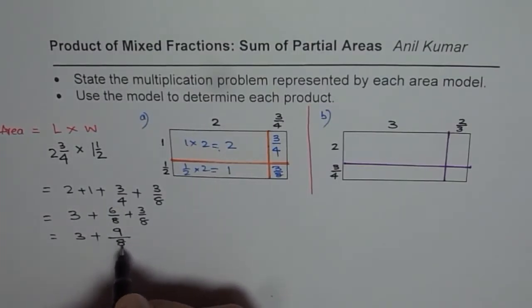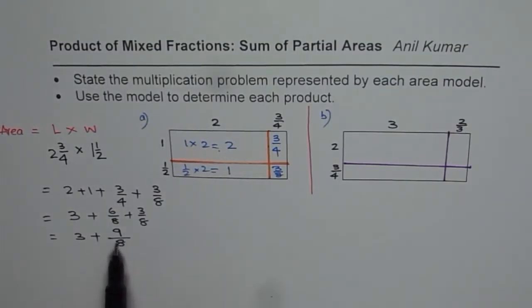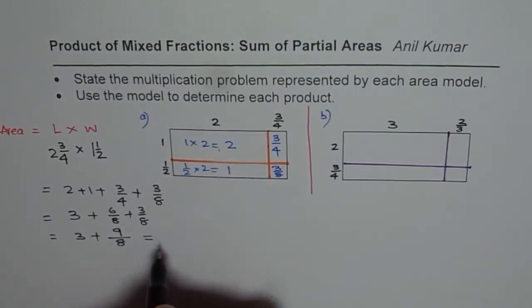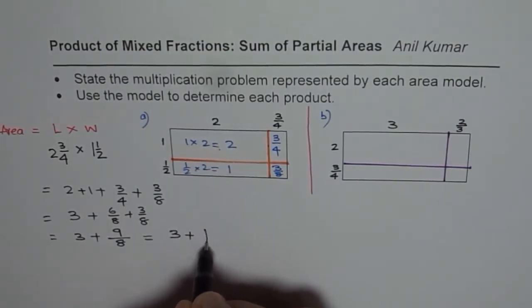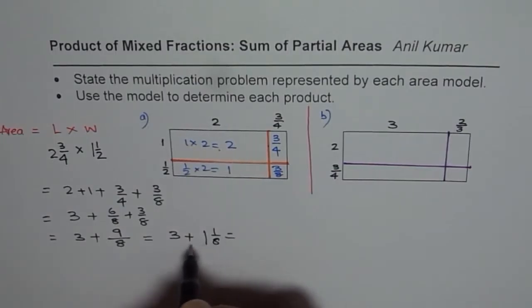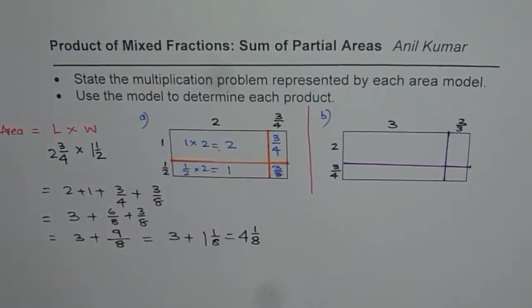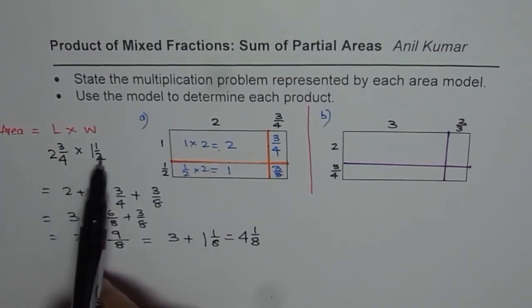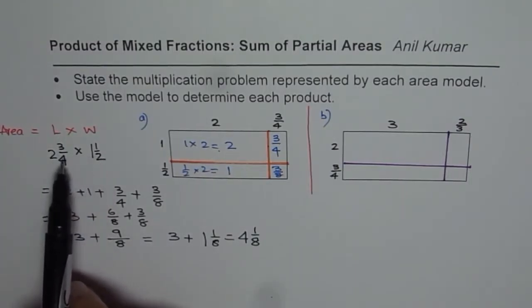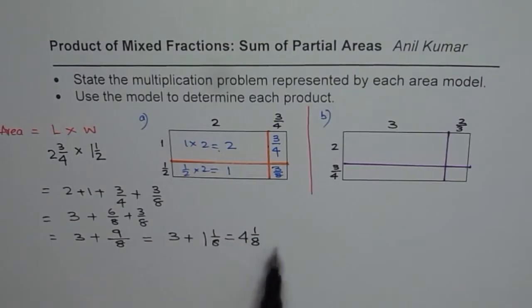Now 9 over 8 is improper, right? So 1 and 1 over 8, correct? So we could write this as 3 plus 1, 4 wholes, and 1 over 8. And that means the product of these two mixed fractions is 4 1/8.